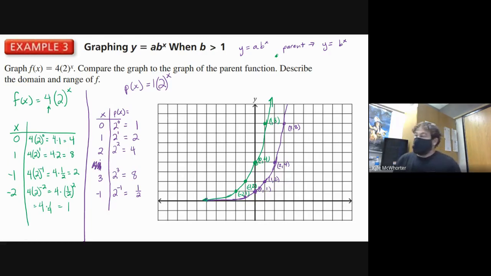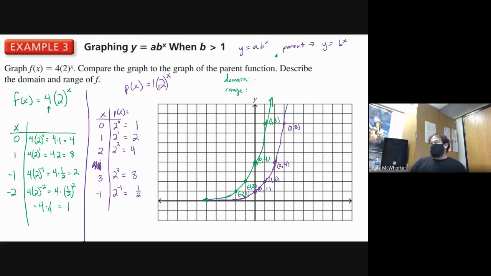And so one way to look at this is to describe the domain and range of f. So the domain is what x values does this cover, right? This graph goes all the way to the left, and this arrow going up here tells you that it goes up forever and to the right forever.